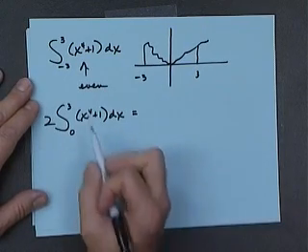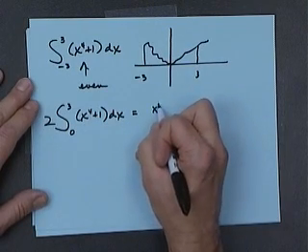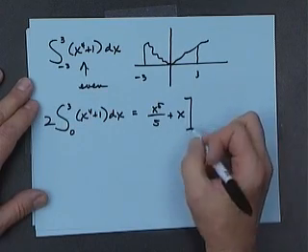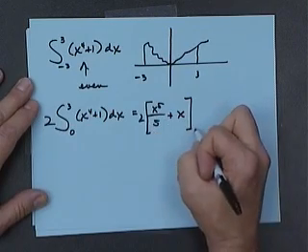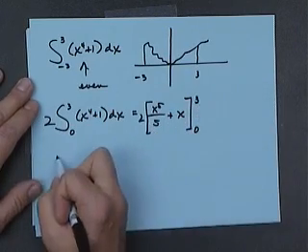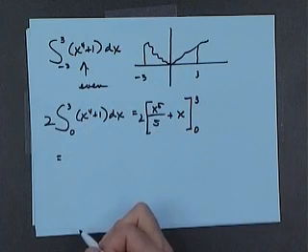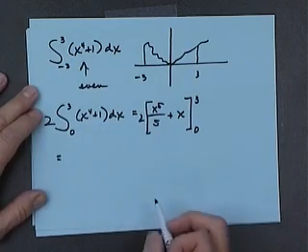What's the integral of x to the fourth? x to the 5th over 5 plus x. That's what we're going to evaluate from 0 to 3. So no u substitution in this problem. It's just you recognizing that it is an even function.